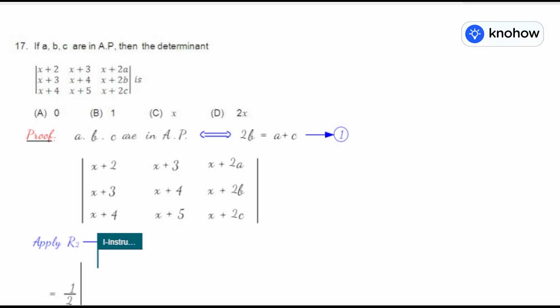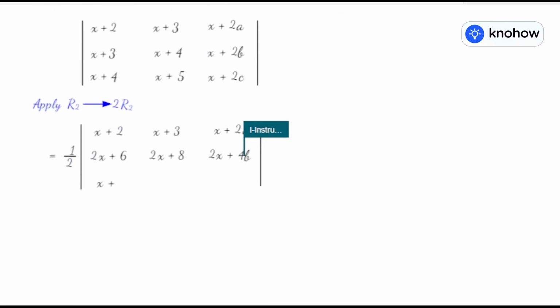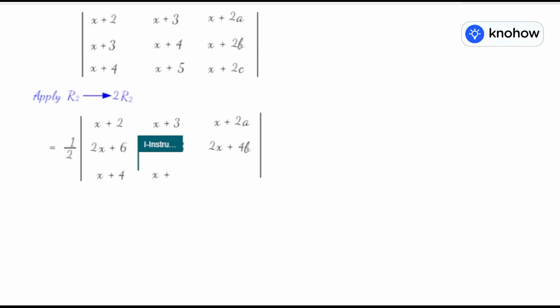So keeping row 1 and row 3 as such, you have elements of row 1, x plus 2, x plus 3, x plus 2a as such, and elements of row 2 you multiply by 2, you have 2x plus 6, 2x plus 8, and 2x plus 4b, and keeping row 3 also as such, x plus 4, x plus 5, and x plus 2c.